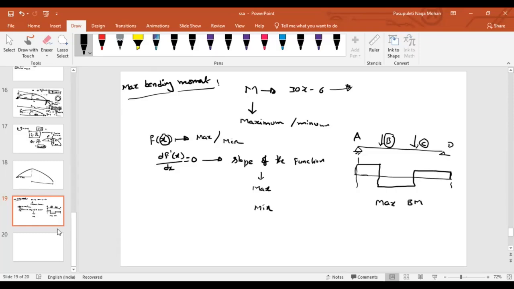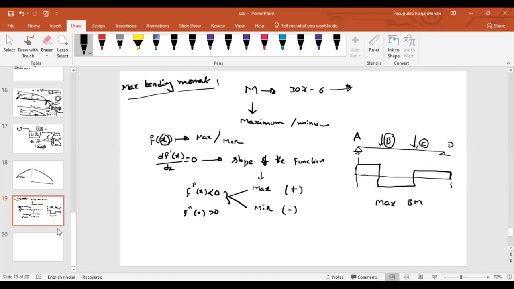According to mathematics, I don't know whether you guys remember, to find either maximum or minimum, we find f double dash of x. If it is less than 0 or greater than 0, based on this we define whether it is the maximum value or minimum value. Through mathematical terms, maximum means a positive value, minimum means a negative value.